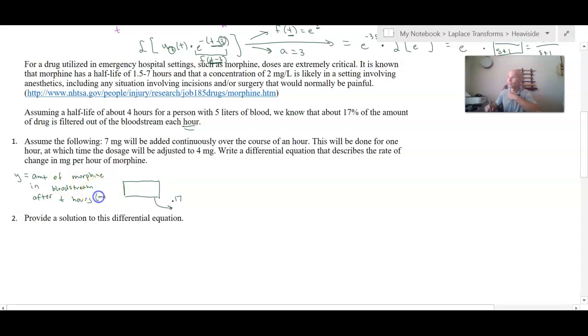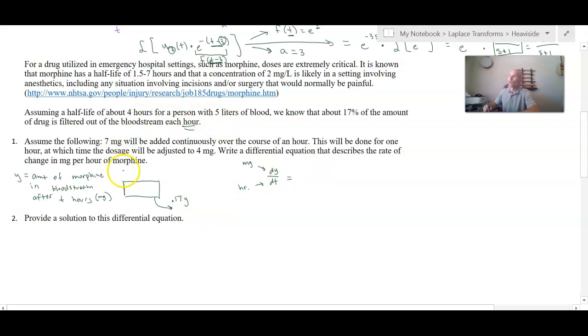Y milligrams. 17% of those Y milligrams will exit each hour. Keeping in mind that dy/dt will have units of milligrams over hours, or milligrams per hour. Okay, so 0.17 Y milligrams per hour exit the bloodstream.